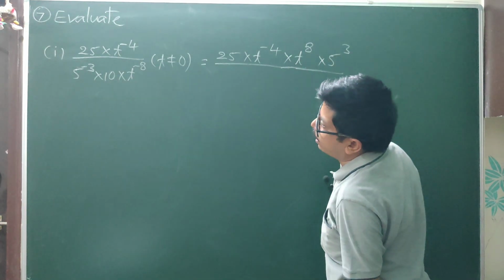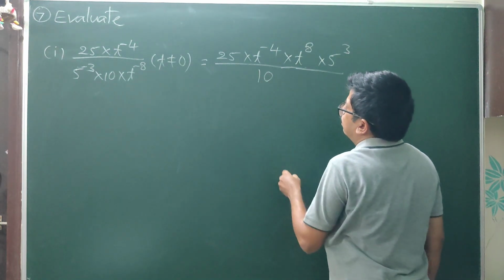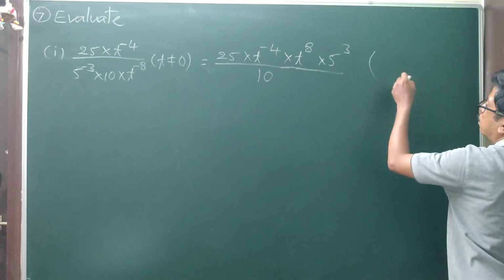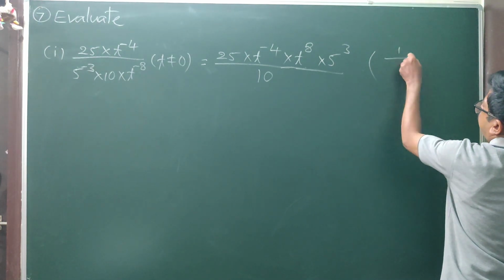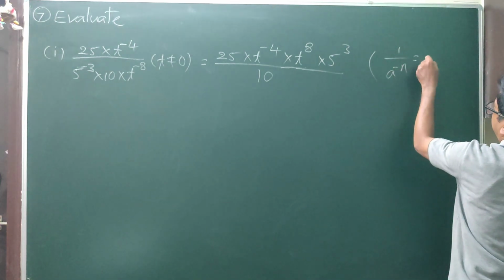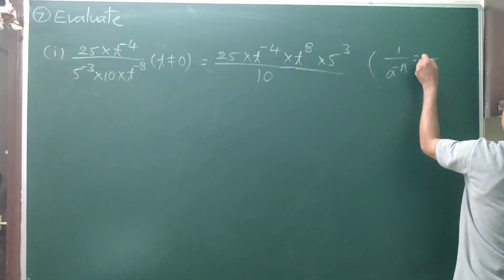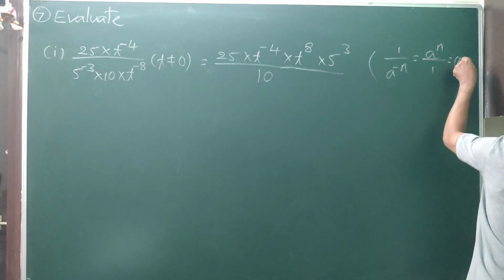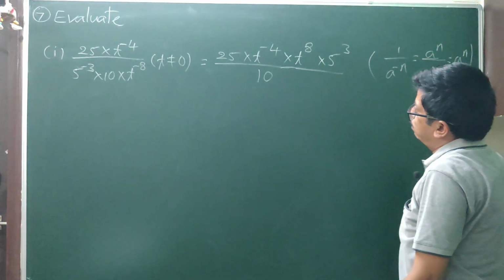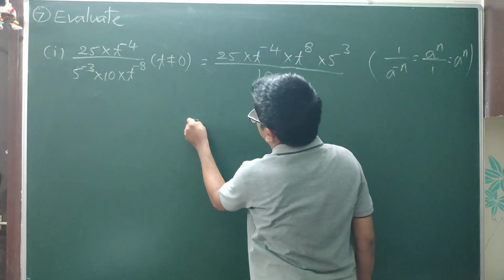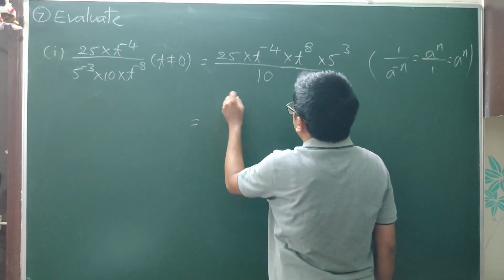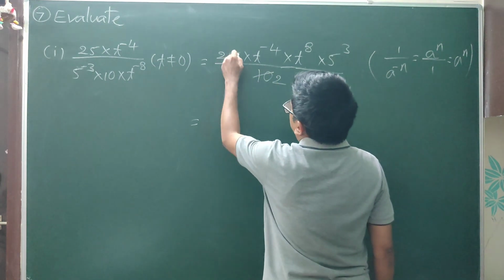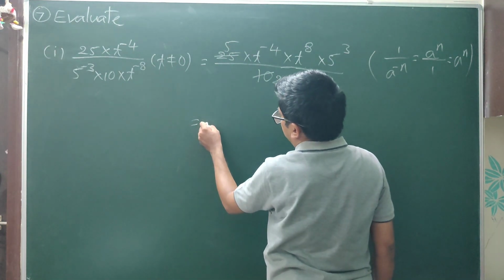you can send it also into the numerator, writing 5 cube by 10. Here you have to remember that 1 by a^(-n) can be written as a^n by 1, which is equal to a^n only. So here 5 2s are 10, 5 5s are 25.